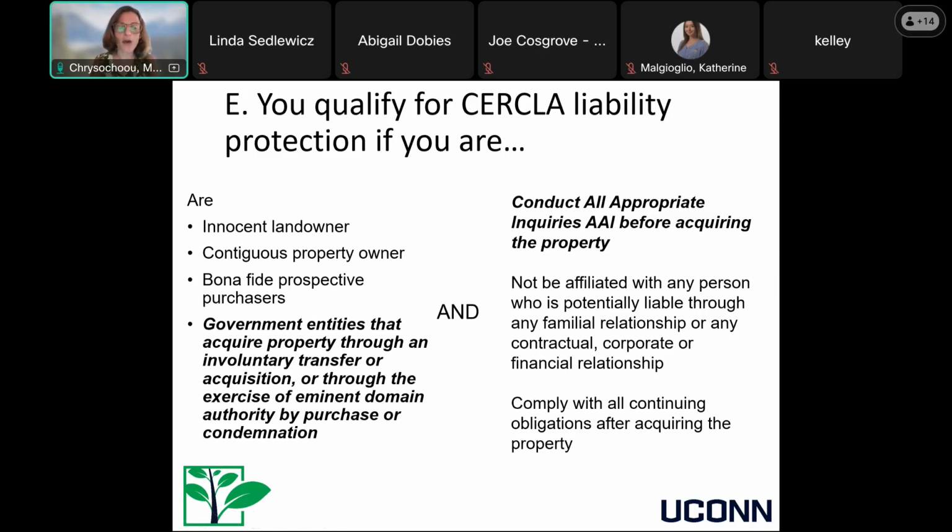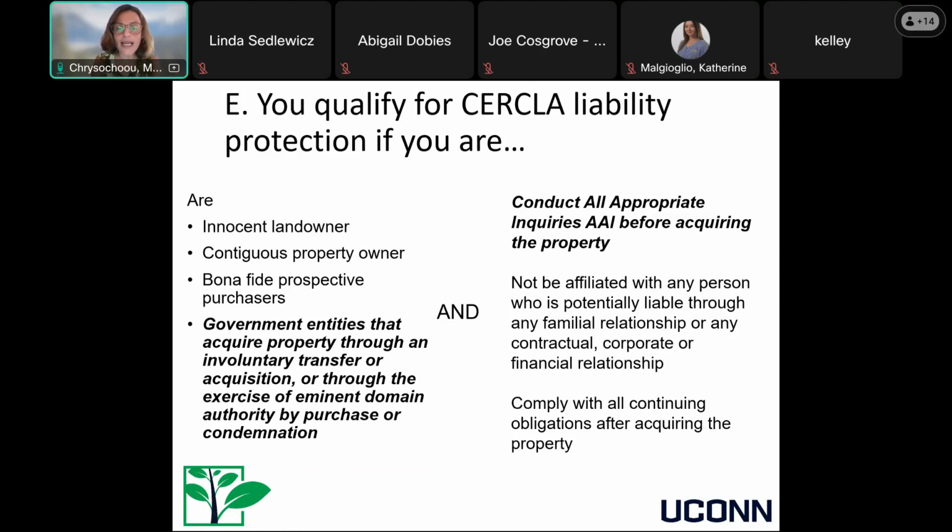So I know that this is a lot of legalese. If you are wondering about being part of this category, we are happy to work with you to figure out if there are any liability issues with what you have done.